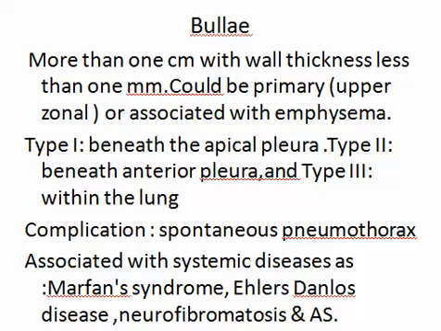Bullae could be divided according to the location. If it is near to the apex, it is type 1. If it is anterior, it is type 2. If it is within the lung, it is type 3. The main complication is pneumothorax. It can be associated with a lot of diseases like Marfan, Ehlers-Danlos, and neurofibromatosis.